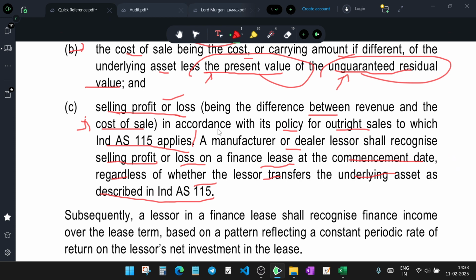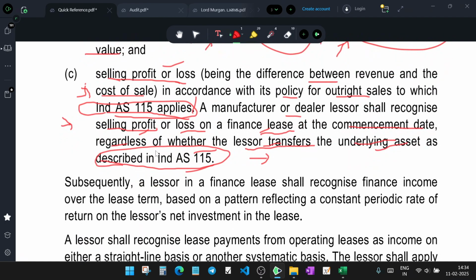We are applying Ind AS 115 correctly. When I commence the lease itself, I should say this is profit or this is loss. That should be charged to the P&L account on the commencement date itself, regardless of whether the lessor transfers the underlying asset.